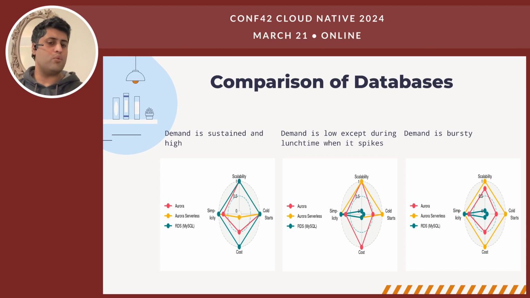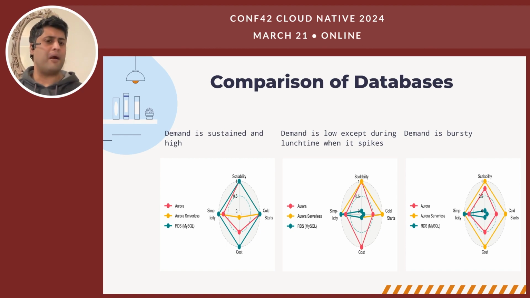In such a situation, first of all, your regular single instance Aurora is not going to work because at lunchtime there is a spike and you can't just get rid of customers, I'm assuming, at that point. So you can either auto scale or you can use serverless. Serverless will still work, but as I said, you are paying an unnecessary premium to AWS when you can just have time based auto scaling. You can just teach AWS to scale up at 11 a.m. in the morning and then scale down at 1:30, and that's the best option you have.